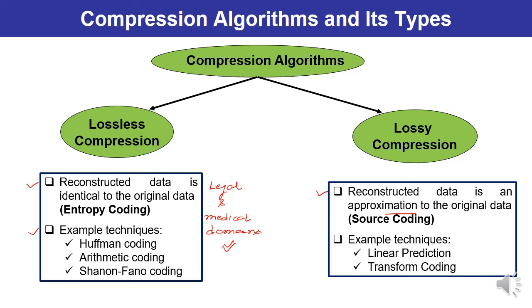This type of algorithm is very useful in applications like broadcast, television and multimedia. Some examples of lossy compression techniques are linear prediction and transform coding.